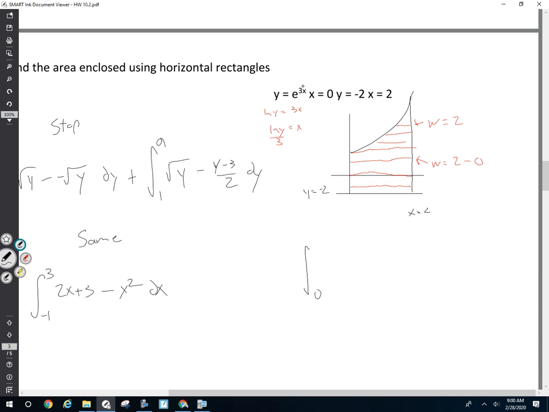Where does e to the 3x intersect with x equals 0? Well, if x equals 0, e to the 0 is 1, so this is 1. And then what's this value up here? Where do I stop? Well, when x is 2, this would be e to the 6th. So I need to go from 0 to 1 of 2, and then I need to add from 1 to e to the 6th, the 2 minus log y over 3.